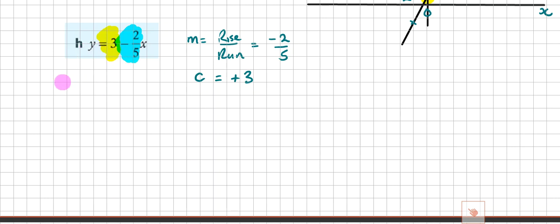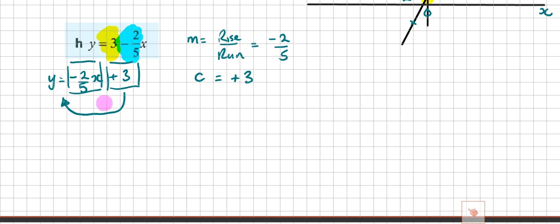So this could be written as y equals negative 2/5 x plus 3, but we consider that to be messy. So we rearrange it. You can write them in any order you like, but we decide it's a bit nicer to have the positive at the beginning because you don't have to write positive. Does that make sense? So bear that in mind.